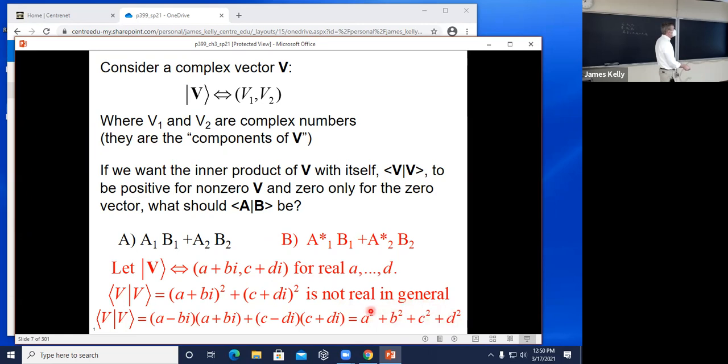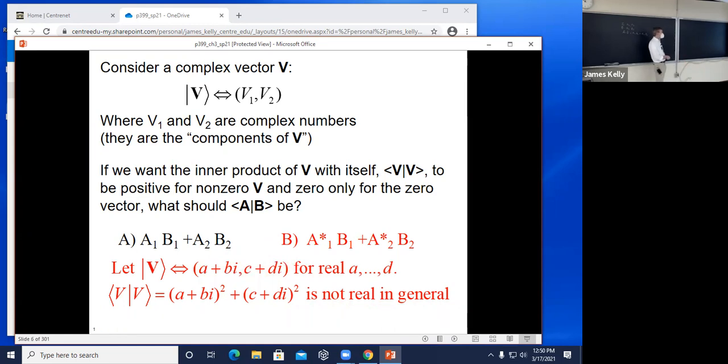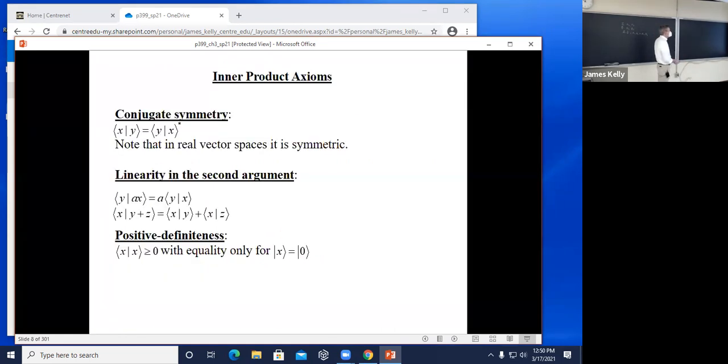Well, if a, b, c, and d are real numbers, the only way this side could be 0 is if a is 0 and b is 0 and c is 0 and d is 0. What that means is the first component of V is 0 and the second component of V is 0. That means it's the 0 vector. And that's what that last axiom is saying: the inner product of a vector with itself is only 0 when the vector itself is the 0 vector.